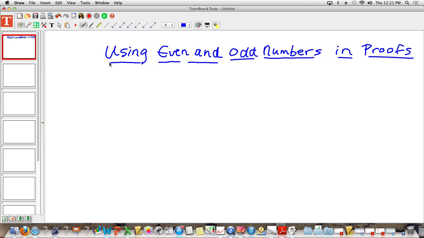So we are going to start off by identifying what an even number is. Give me some things that you know are true about an even number. It's divisible by 2. That is exactly what I wanted to hear.